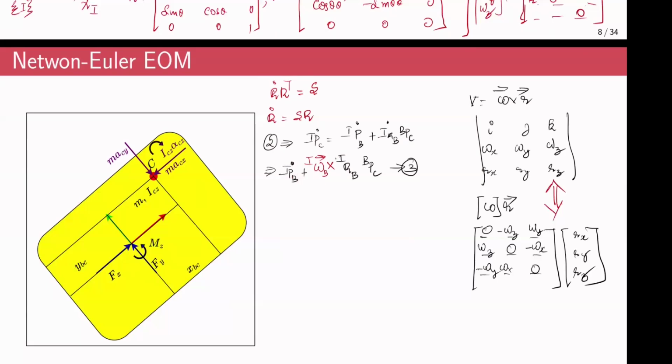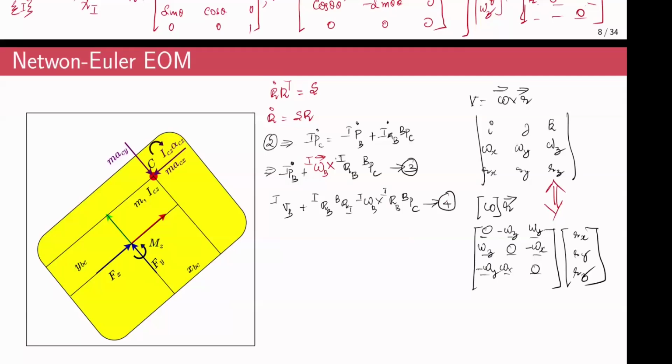So I'll write it as the velocity of B with respect to I, plus I'll pre-multiply this term with the rotation matrices like so: B with respect to I multiplied by the rotation matrix of I with respect to B. Then I'll write the remaining terms, I omega B cross, IRB multiplied by BPC. I'll call this equation 4.